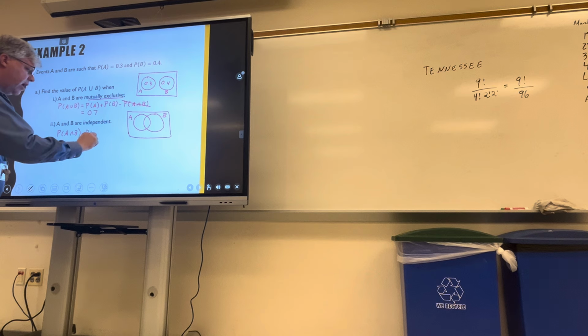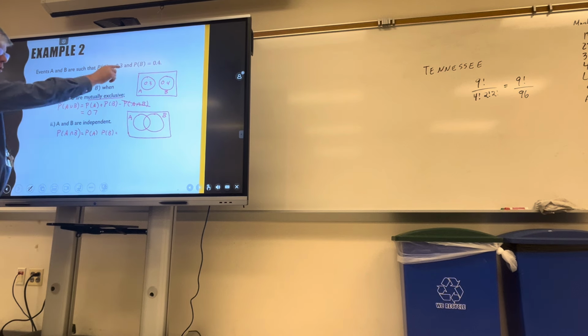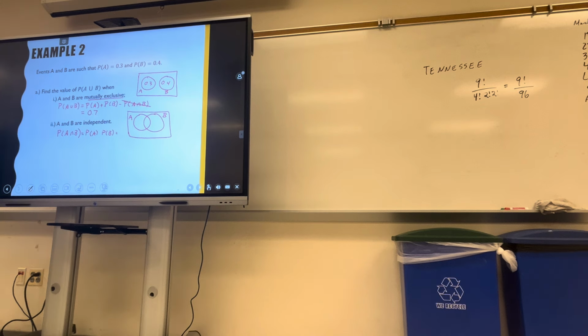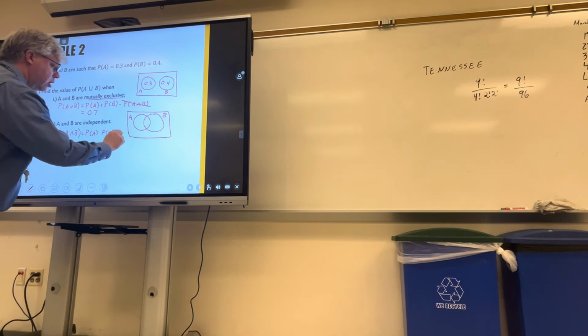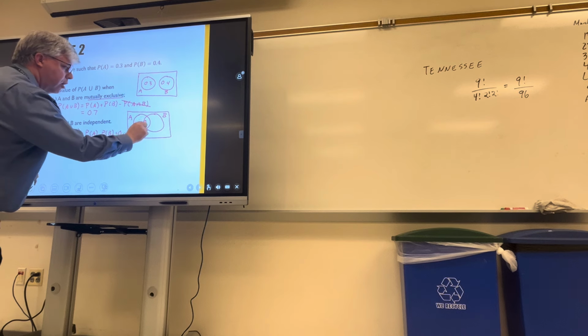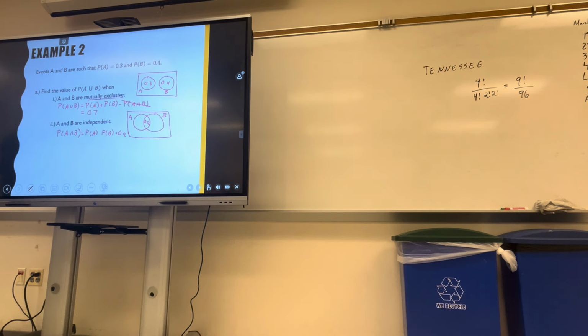So it's the probability of A times the probability of B, and since we were given both of those, probability of A times probability of B is just 0.12. Okay, so here I'm going to put 0.12. And knowing how much is in the overlap lets me label the other two regions that include parts of A or B, right?